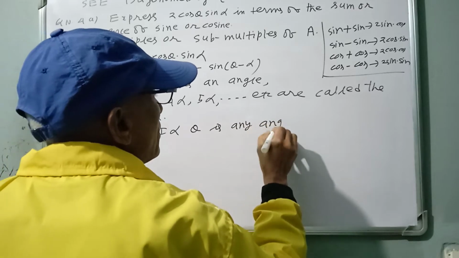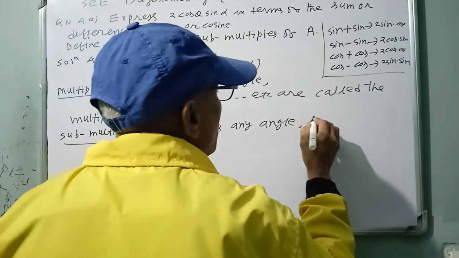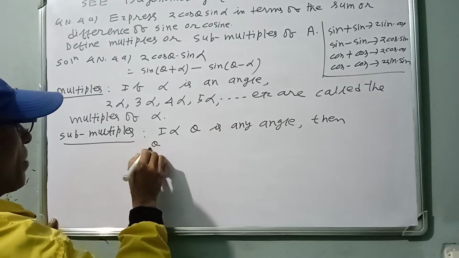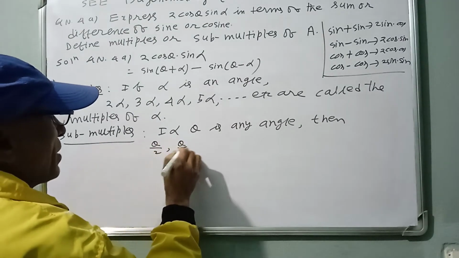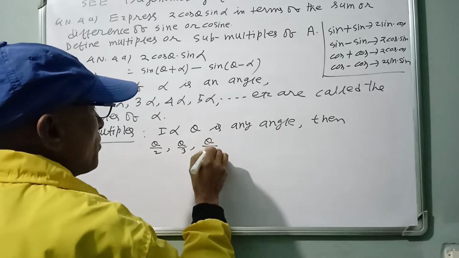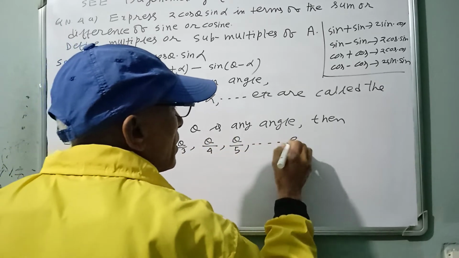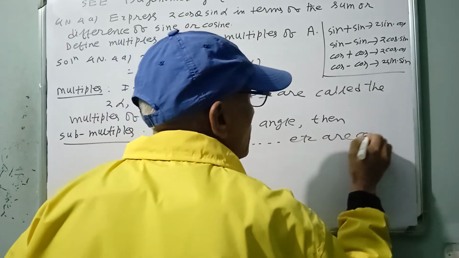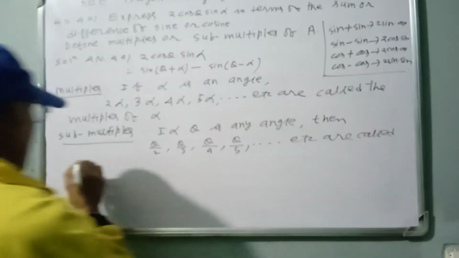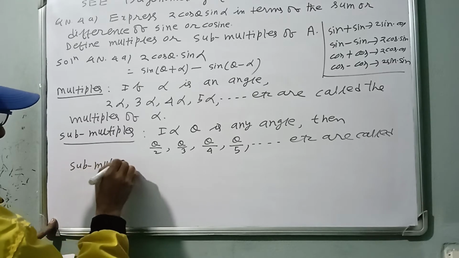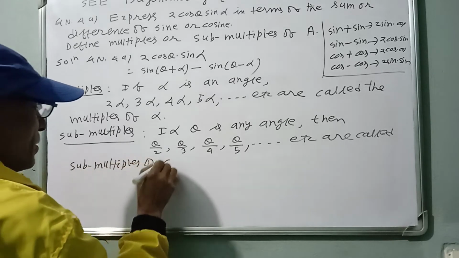then theta by 2, theta by 3, theta by 4, theta by 5, etc. are called sub-multiples of theta.